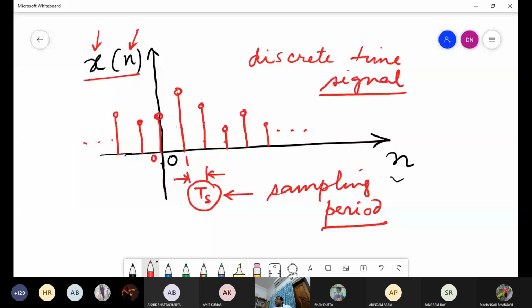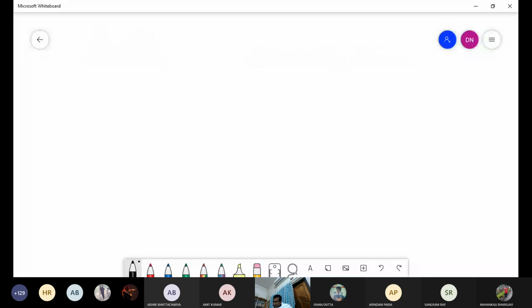If I think about one continuous time signal, just I am showing here. Suppose the signal is given like this: x(t) is equal to some constant amplitude A cos(Ωt + θ), some omega t plus some angle theta.